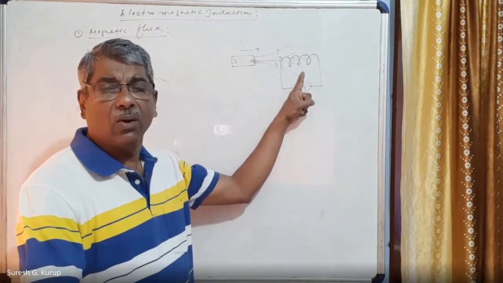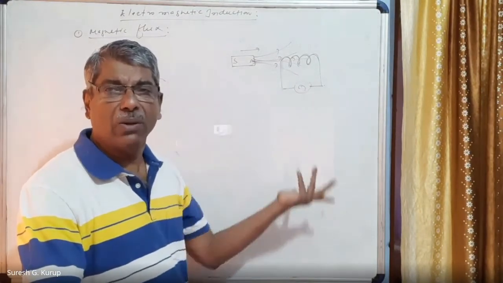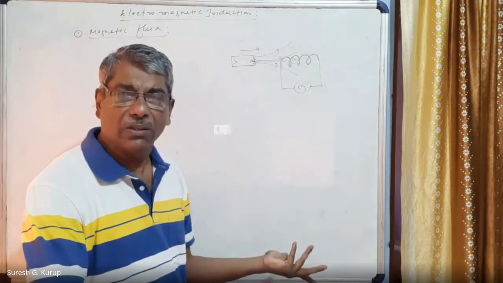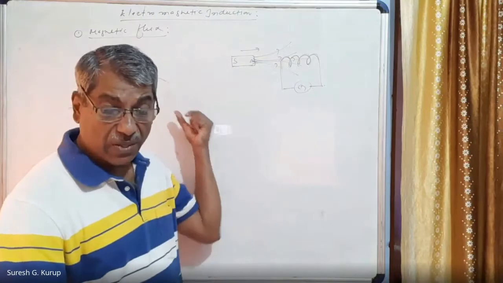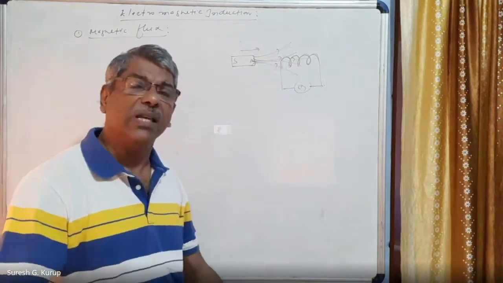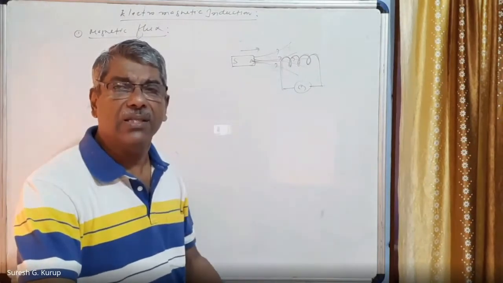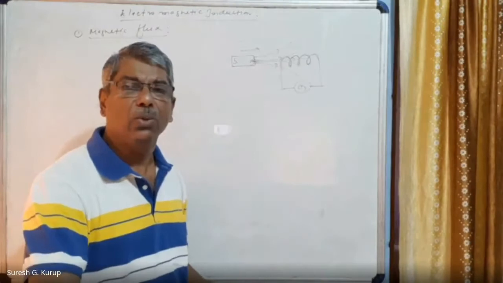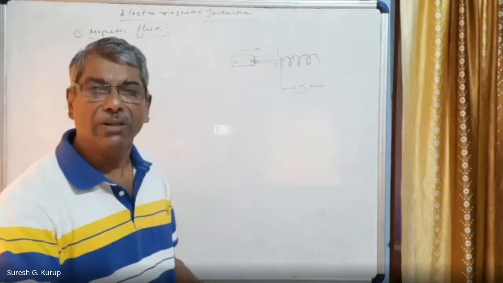If the coil is kept stationary and the magnet is moving towards it, flux linked to the coil changes. If the coil is kept stationary and the magnet is moving away from it, then also there will be a change in flux. In both the cases, EMF is induced in the coil. But remember, in both these cases, the effect of the induced EMF will be different.